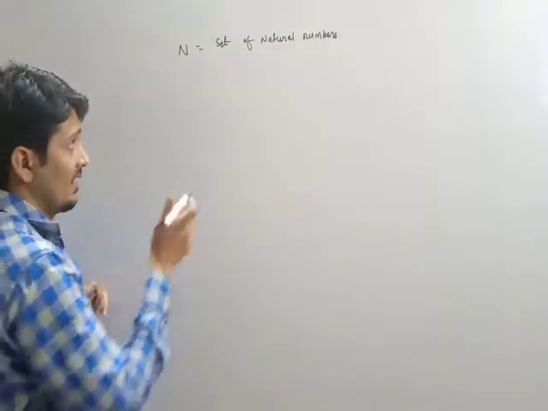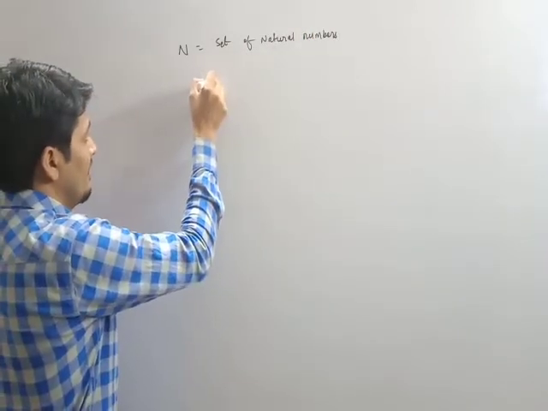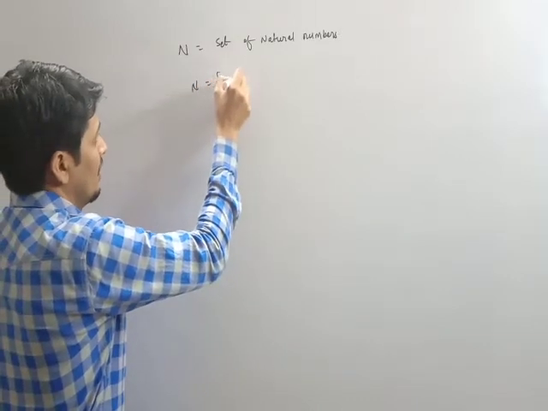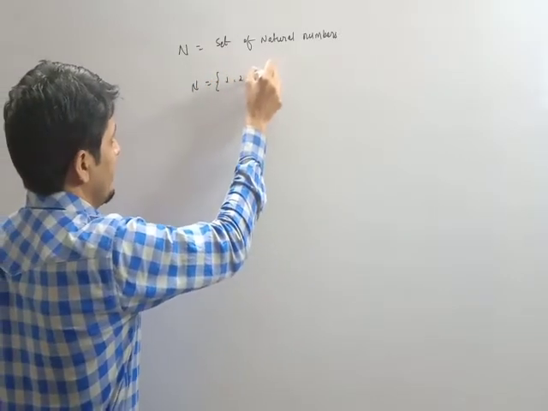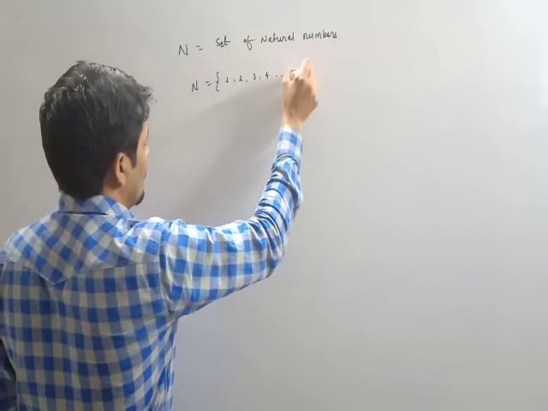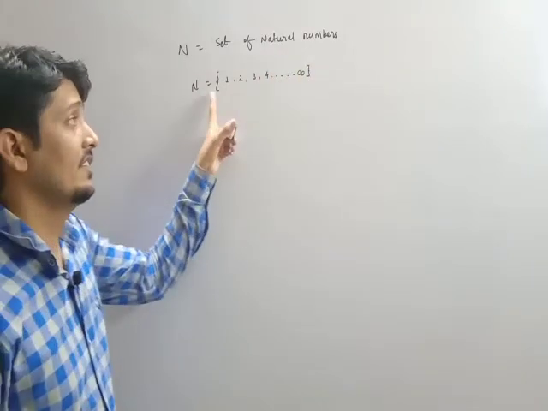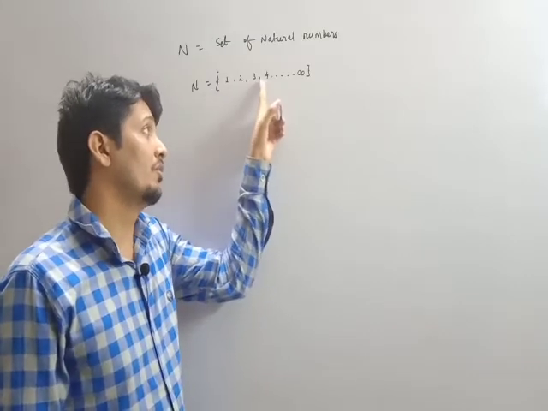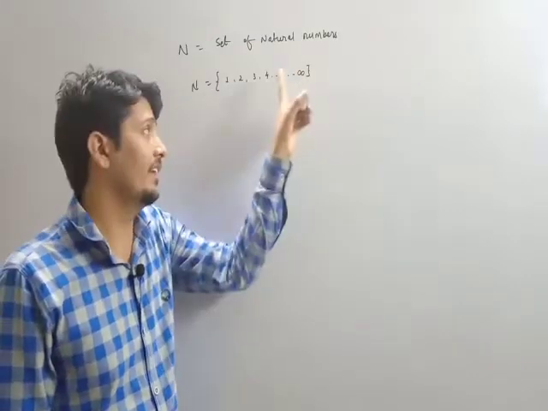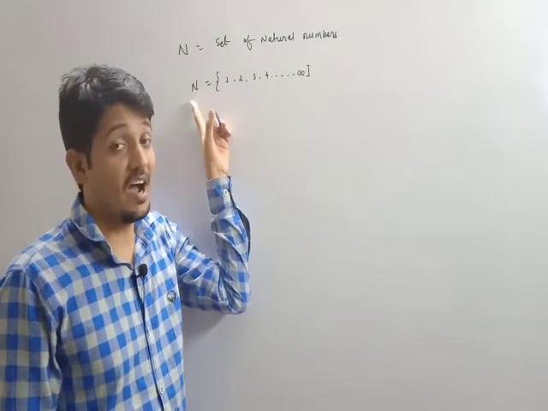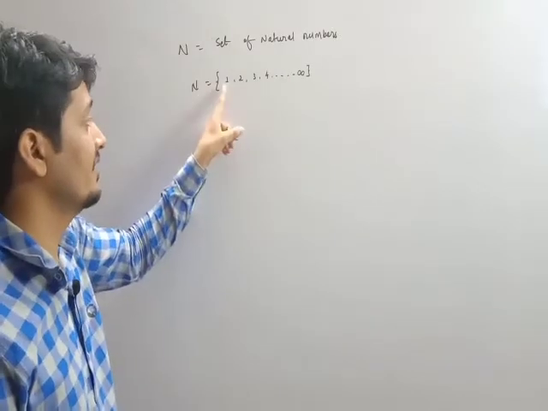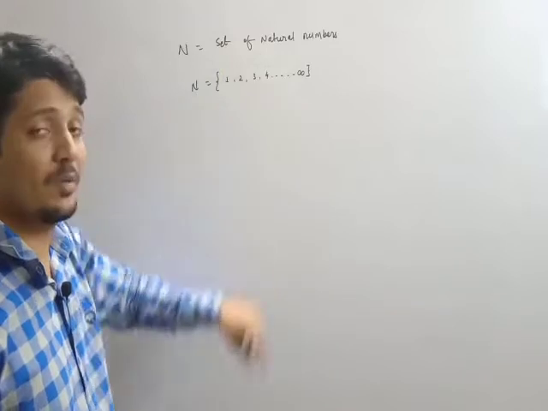Natural numbers are, so we can write N equals 1, 2, 3, 4 dot dot dot up to infinity. So 1, 2, 3, 4, 5, 6 up to infinity are the natural numbers, and we can say this is the set of natural numbers.